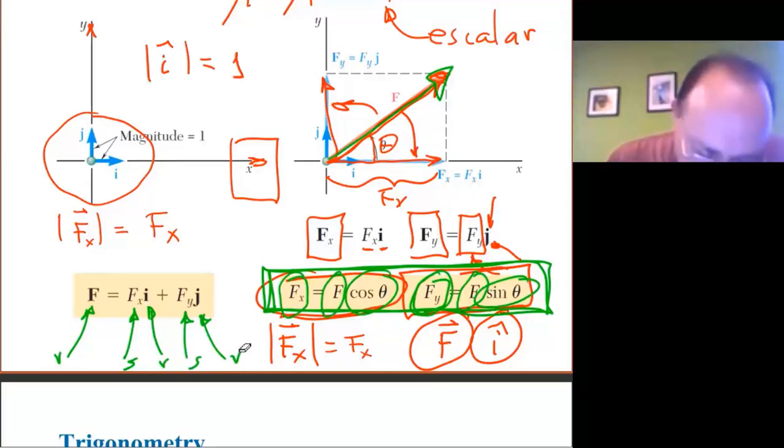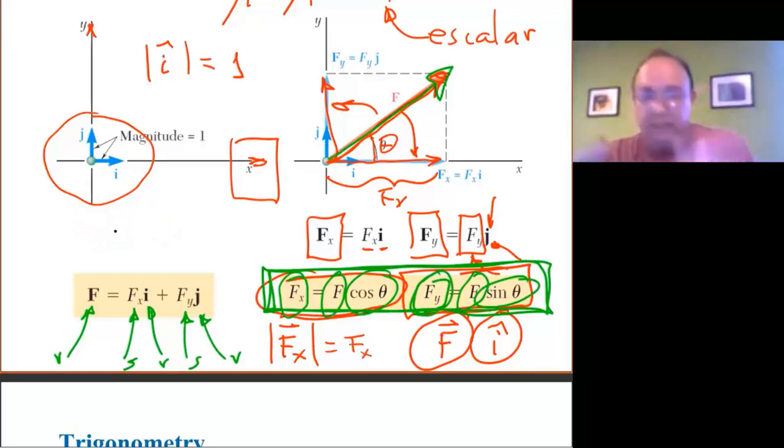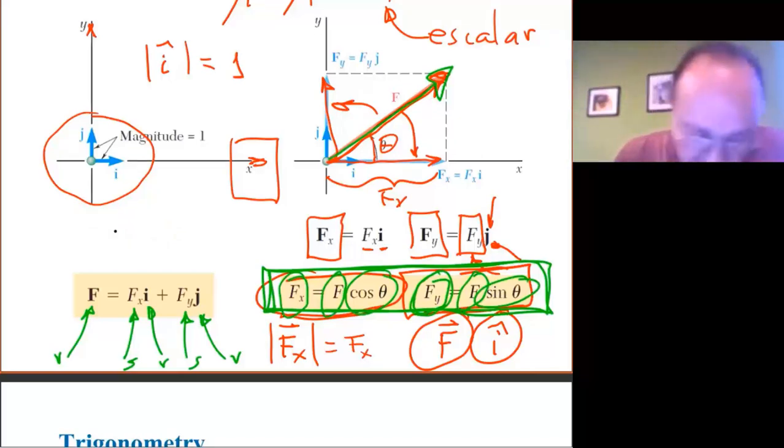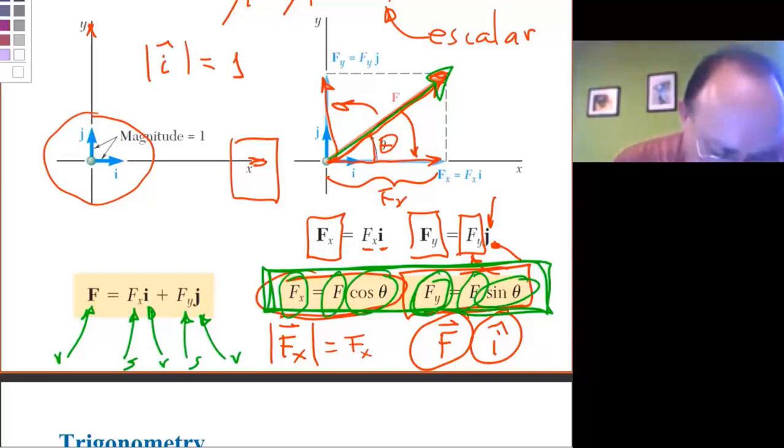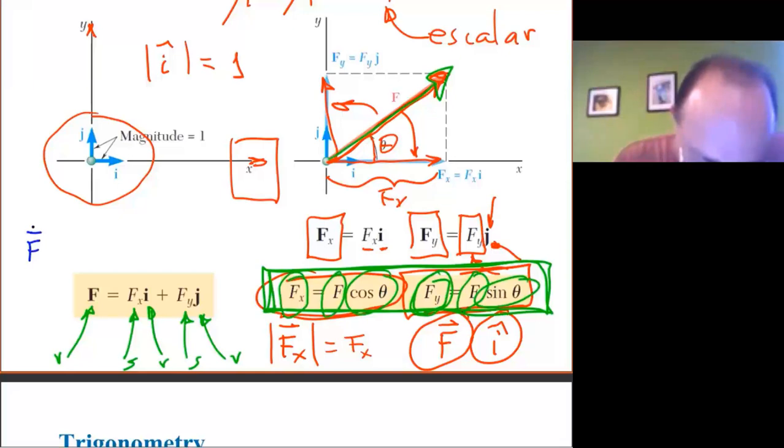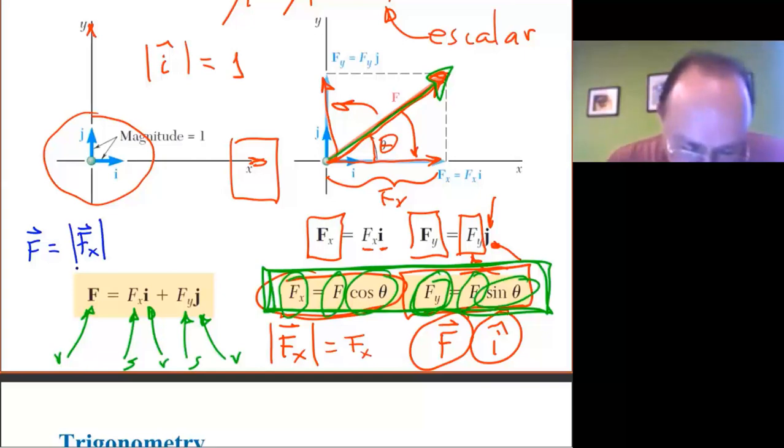If we want to write this by hand, which you cannot do in bold font because it's kind of impossible, then you will do something like this. F vector is equal to fx. If you want to be very specific, you will do like this. See? The magnitude of the vector fx multiplied by the unit vector i plus fy.